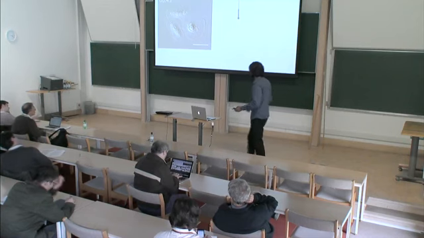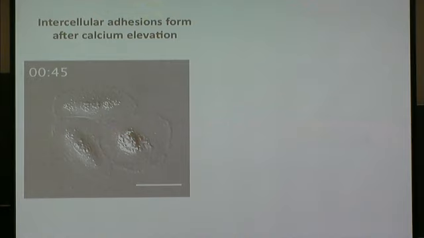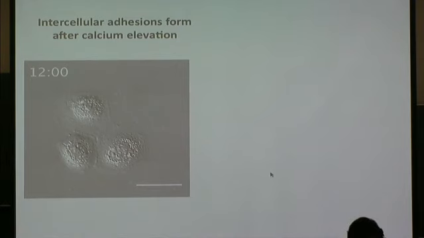Intercellular adhesions form after you add calcium into the extracellular matrix. Now we'll see a live movie as we elevate the calcium concentration over a time scale of half a day and 45 minutes. You see that initially, starting from very disordered arrangements, you get a nice hexagonal structure at the edge, at the junction of the cells, as the adherens junctions form after calcium is elevated.